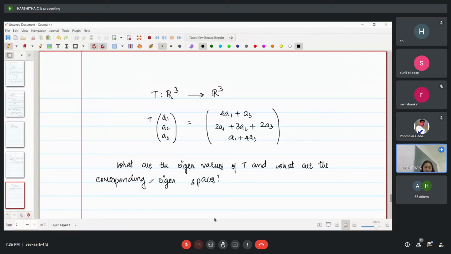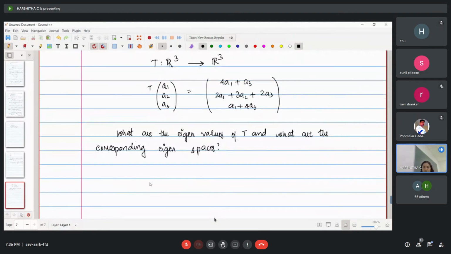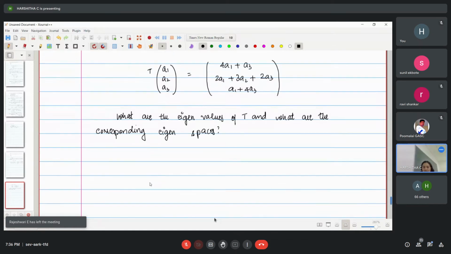So, what does eigenspace mean? Once you get an eigenvalue, you look at all the eigenvectors corresponding to that eigenvalue. That is the eigenspace.